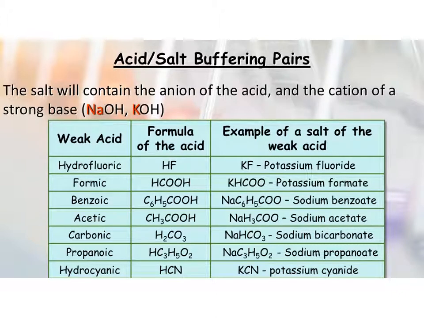So for example, if I had my weak acid HF, I need anything that has that conjugate base part, that F minus. So like KF is a good example because K is always soluble. So it's just going to give us our little F minus floating around. All right, and then for formic acid here, rip off one of the H's and you get HCOO minus. And then if you put a K on that, that's our salt. So you just got to make sure that you always end up with the weak acid and the conjugate base form of that in a salt.